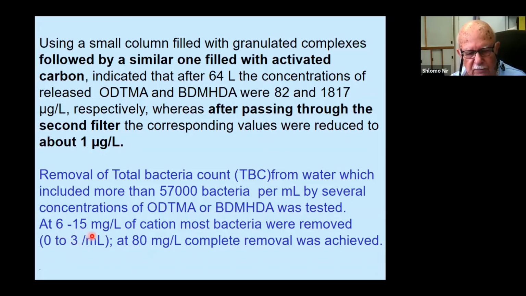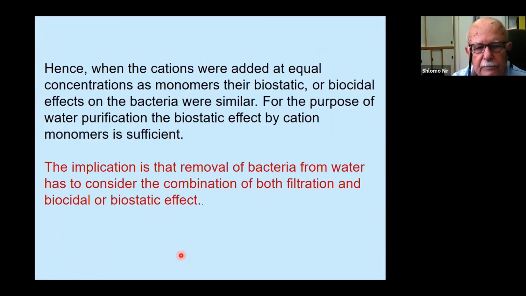Addition of 6 to 15 milligrams per liter of the cation yielded almost complete removal of the bacteria. 0 to 3 per ml remained. At 80 milligrams per liter, complete removal was achieved. The implication is that removal of bacteria from water has to consider the combination of both filtration and biocidal and biostatic effects.